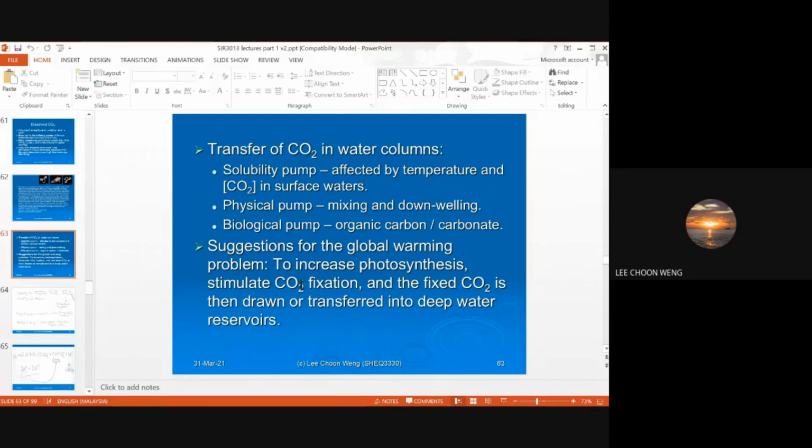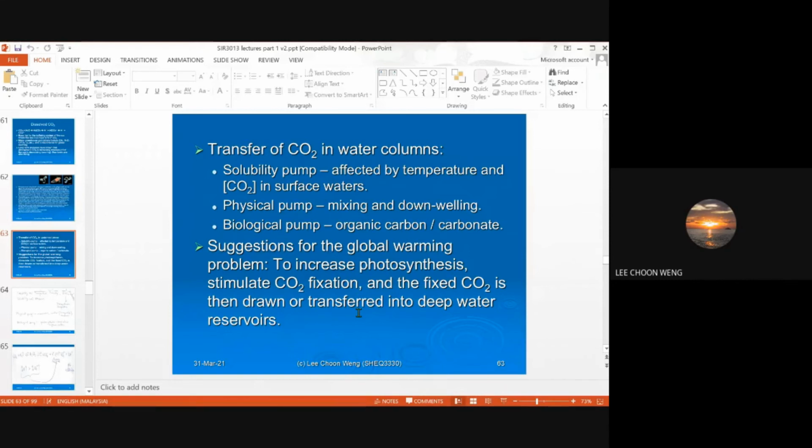So you are postponing the problem. You are able to reduce the impending climate change problem, or postpone it to a later time, by drawing down the CO2 from the atmosphere into deep waters.